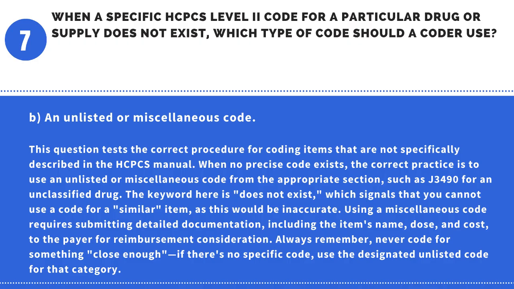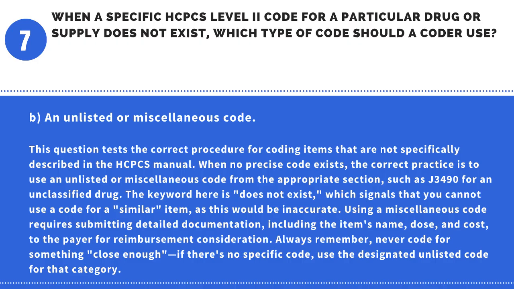This question tests the correct procedure for coding items that are not specifically described in the HCPCS manual. When no precise code exists, the correct practice is to use an unlisted or miscellaneous code from the appropriate section, such as J3490 for an unclassified drug. The keyword here is "does not exist," which signals that you cannot use a code for a similar item, as this would be inaccurate.